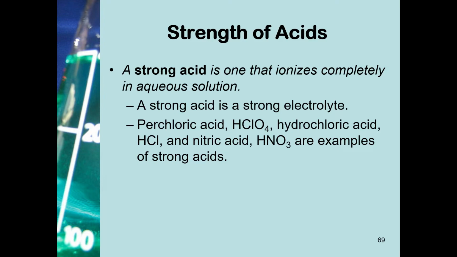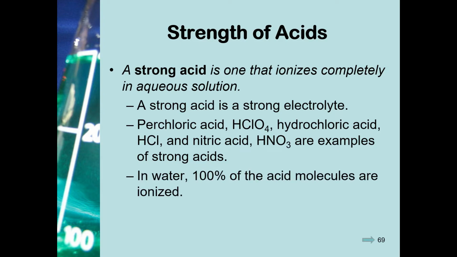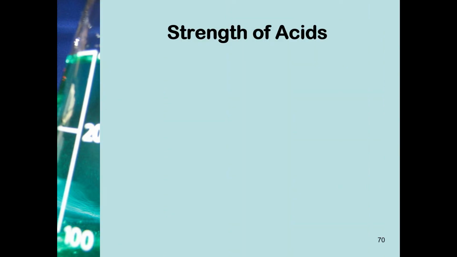So if they ask you in an assignment for some examples of strong acids, use these. In water, we say that 100% of these acid molecules are ionized. We're saying that none of the original molecules are left. They've been completely ionized into just ions.